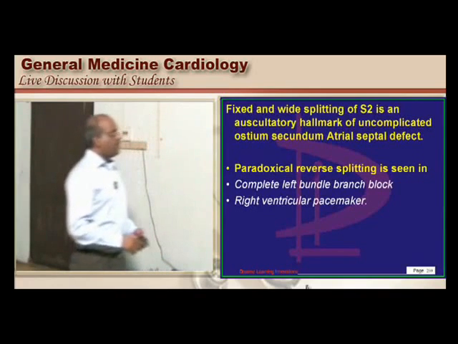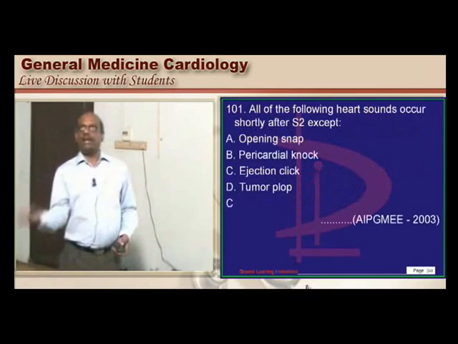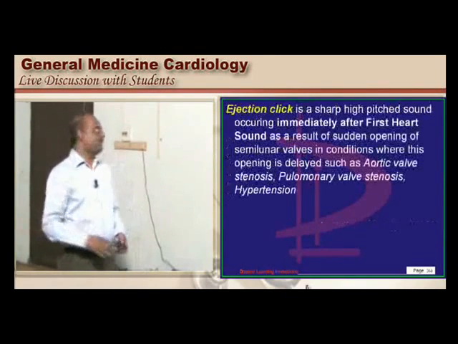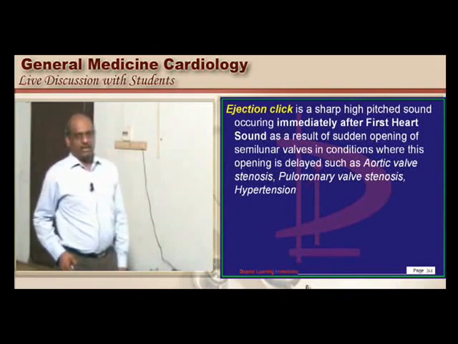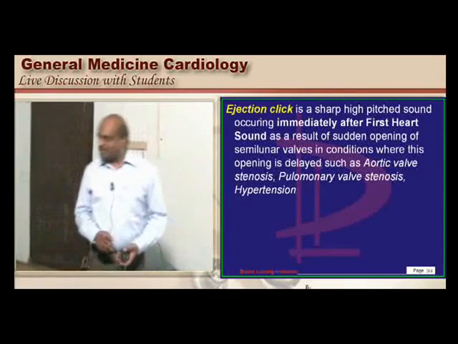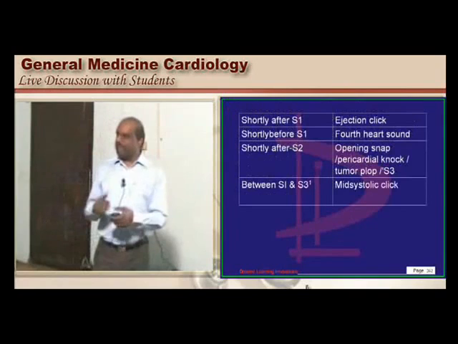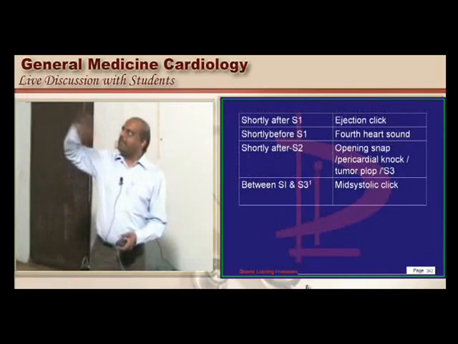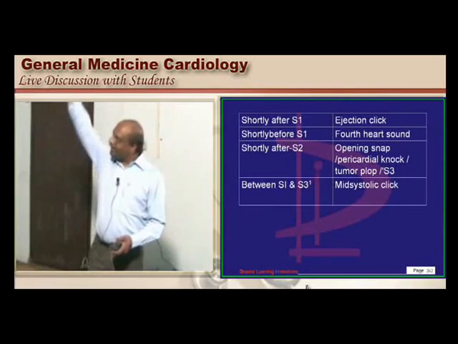Now let us talk about the various heart sounds which occur before S2, which occur after S2, et cetera. We must be very sure. Fundamentally the clicks, aortic and pulmonary valve clicks, occur after S1. S1 is AV valve closure. That is the time some phenomena is happening between the ventricle and the aorta, or the ventricle and the pulmonary artery.